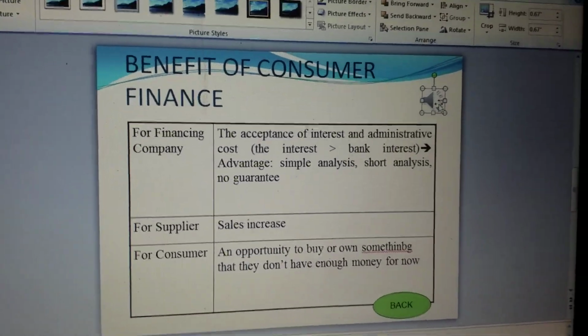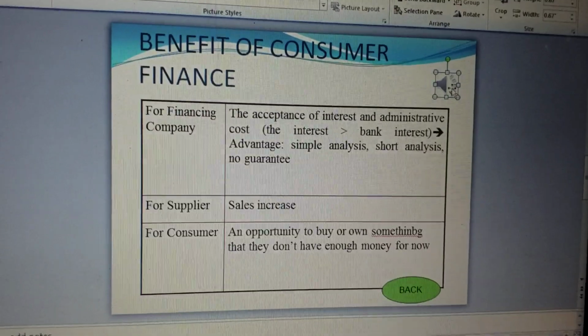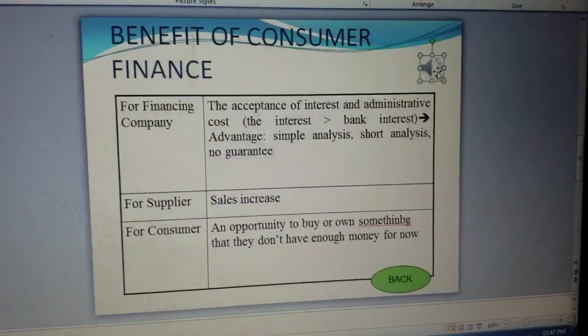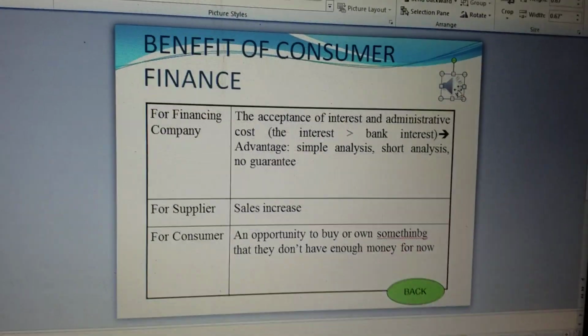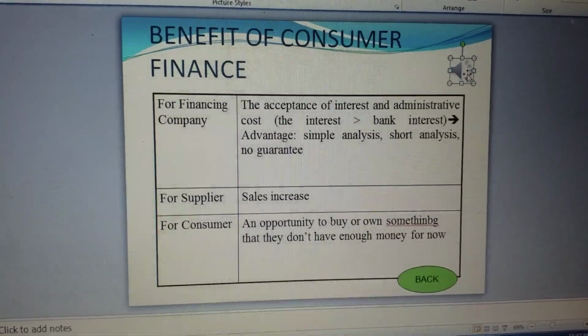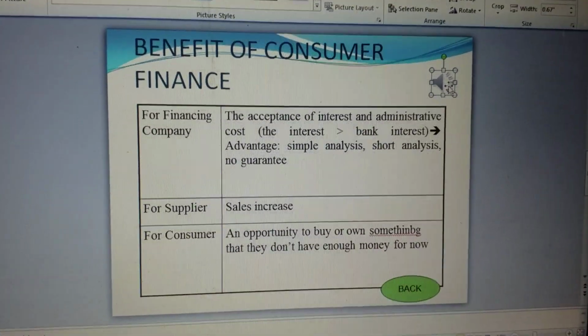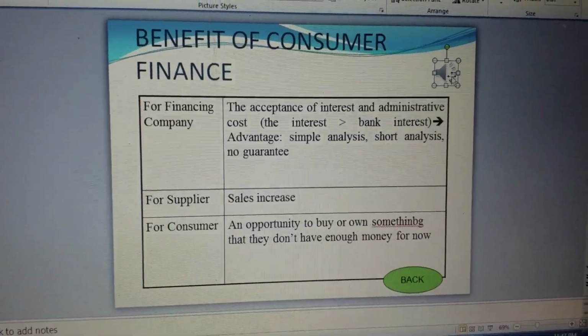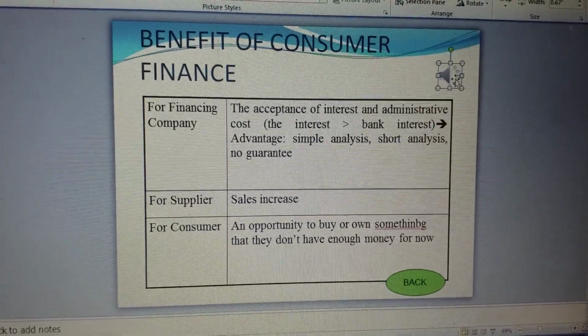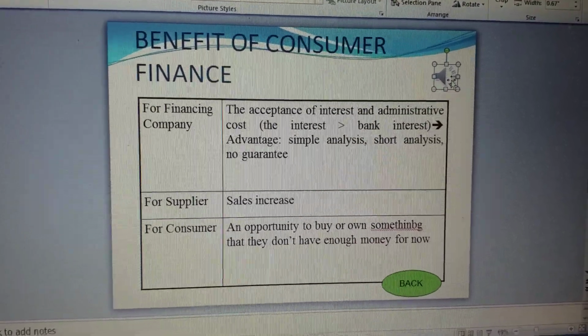There are some benefits of consumer finance activity. For the financing company, it would be the acceptance of interest and administrative costs, because the one who receives the facilities of this consumer financing has to pay back the fundraise, so it would be profit for the financing company.